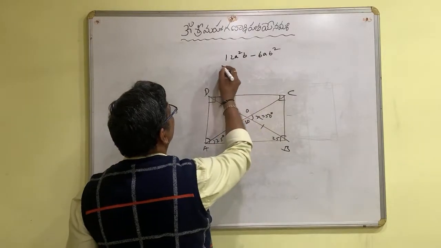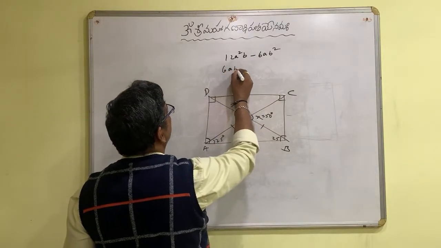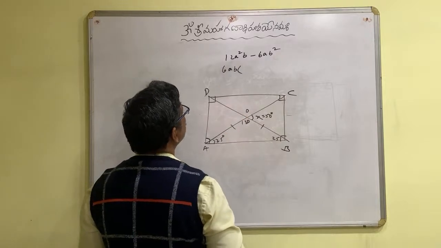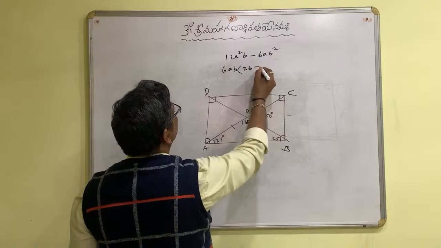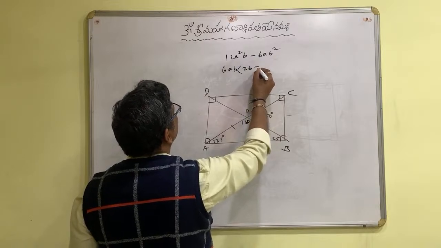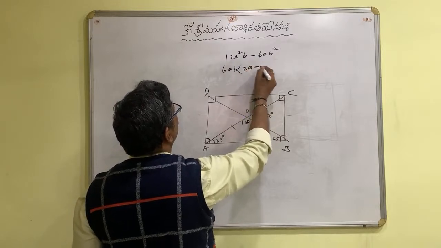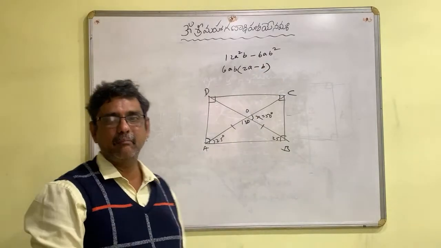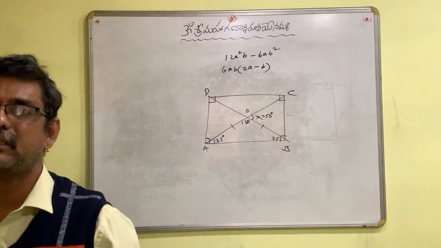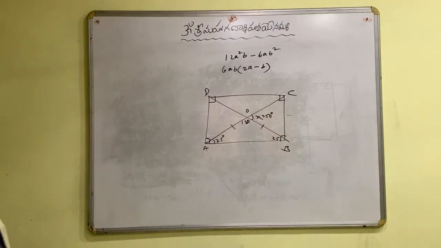Take 6ab common. So 6ab into 2a minus b. Okay.